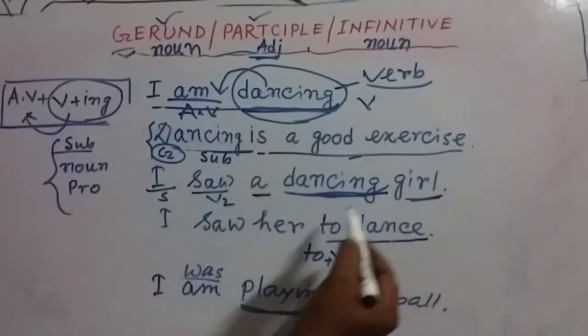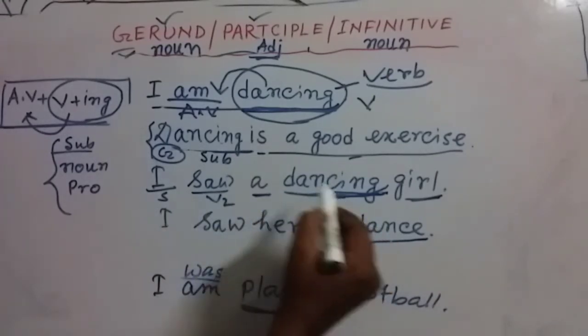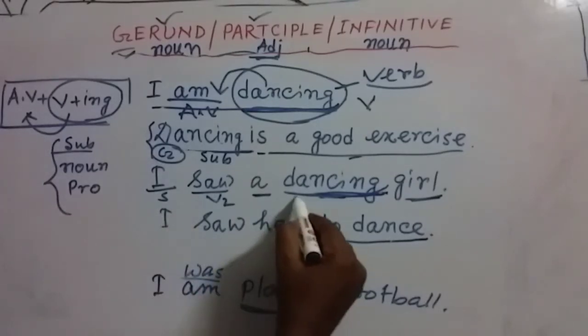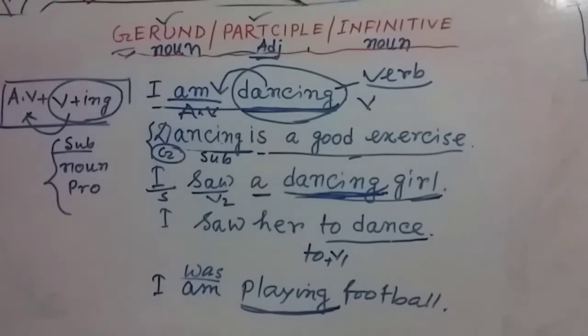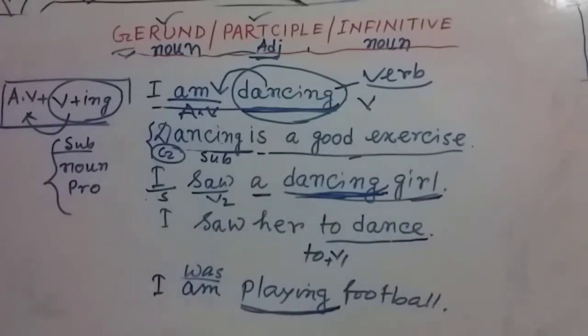So obviously the form will not be changed, but it is used in the complement section. This is the subject, this is the verb, and the rest of the part may be object, may be complement.